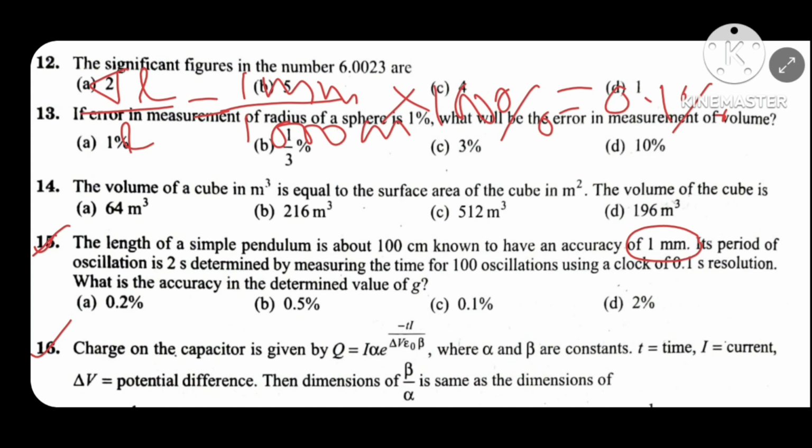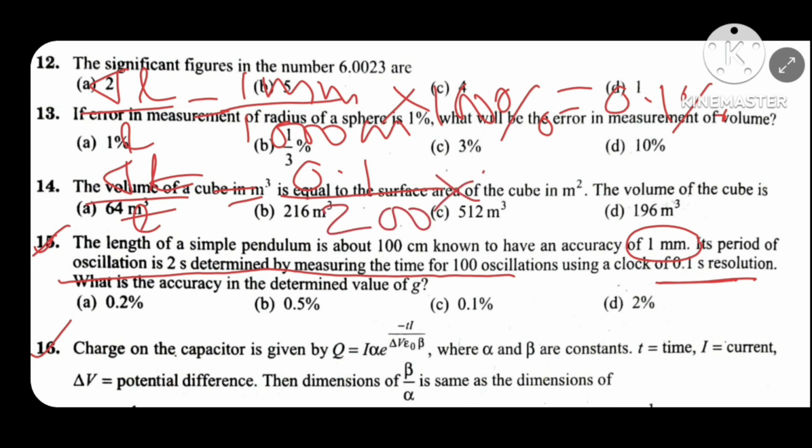Now, the period of oscillation is 2 seconds, determined by 100 oscillations with a clock of resolution 0.1 second. So delta T by T is 0.1 divided by 2 into 100, that is 200, into 100%. This cancels out, so this is 0.05%. Okay.